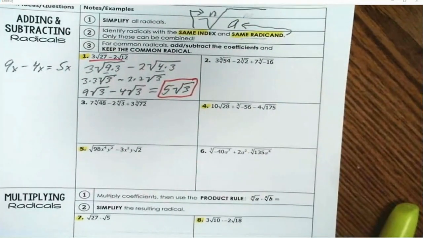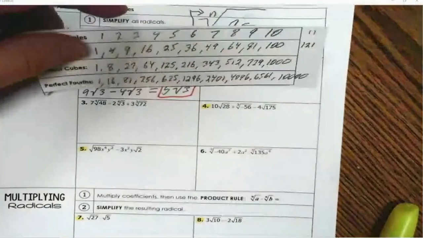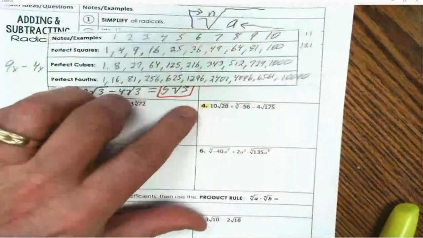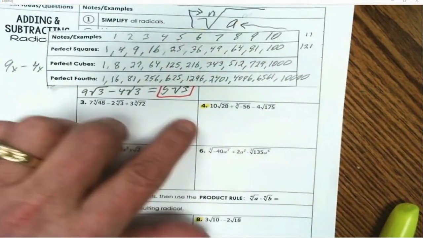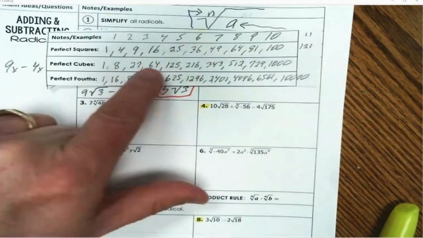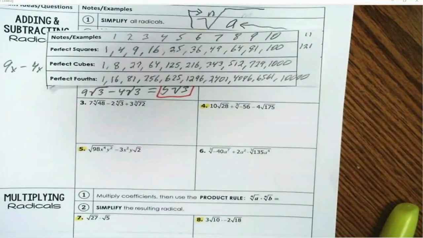All right, so let's look and see with our list. Right here, we want to convert 28 as a square, and we want to do 56 as a cube if we can simplify it, and then 175, see if we can pull a square out of that one.